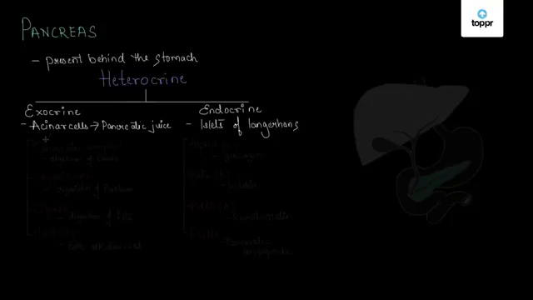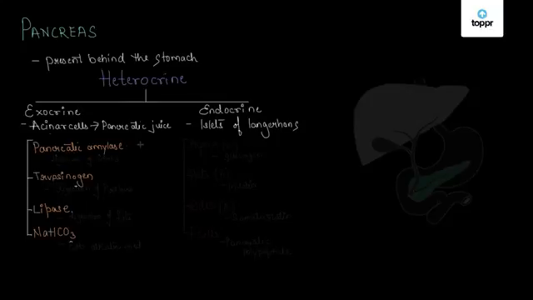Now if we see the secretion of these cells, we will notice that they produce some of the most important products such as pancreatic amylase, trypsinogen, lipase and sodium bicarbonate. First of all, the pancreatic amylase is again an enzyme.